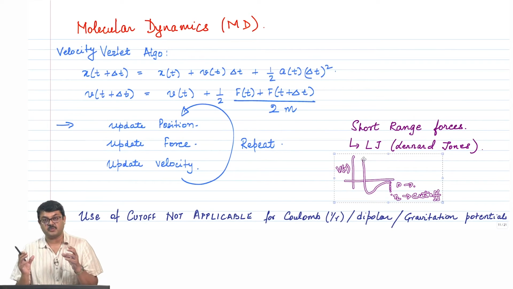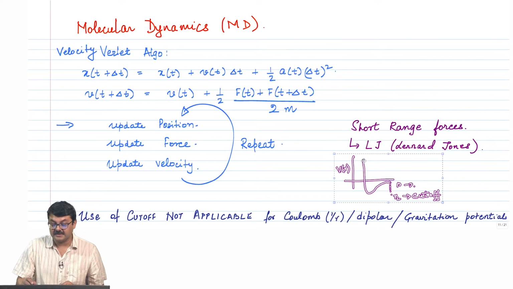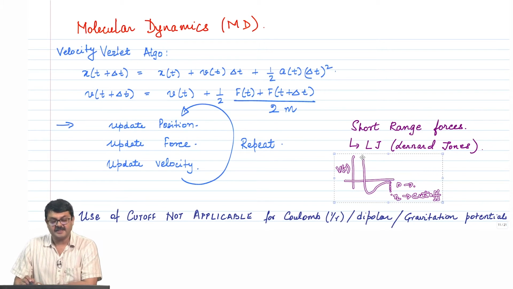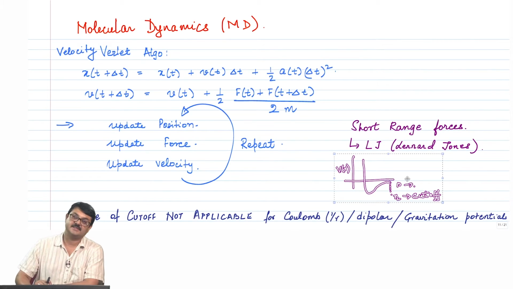When the distance between two particles is smaller than the diameter, there is an extremely repulsive force between the particles, and at slightly larger distances there is an attraction, and this weak attraction goes off to 0 as you go to larger and larger distances.